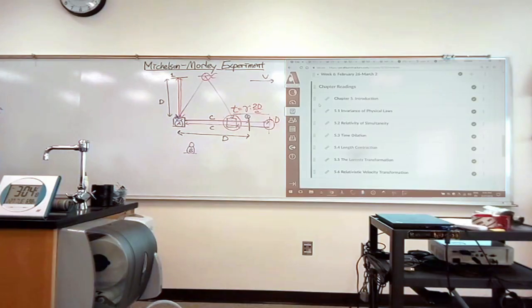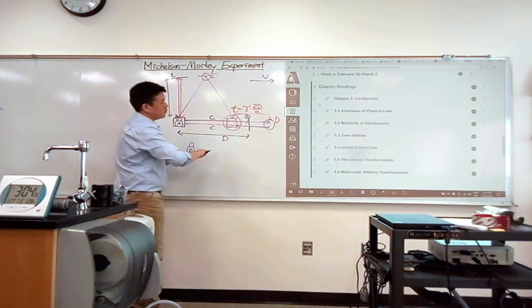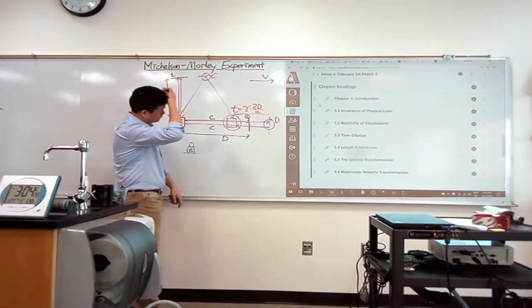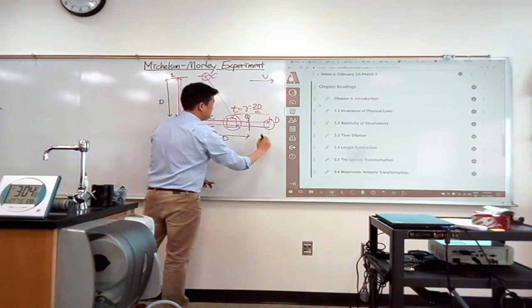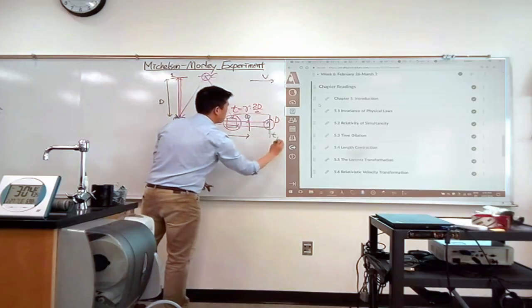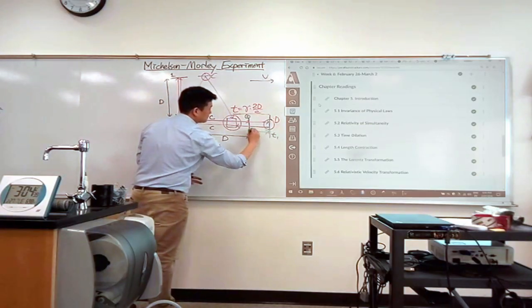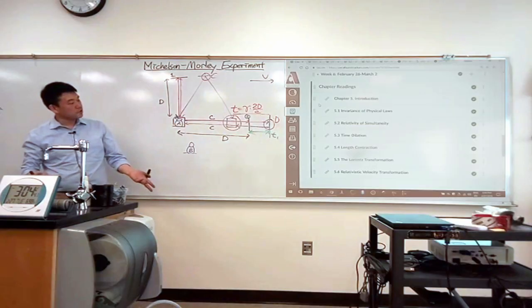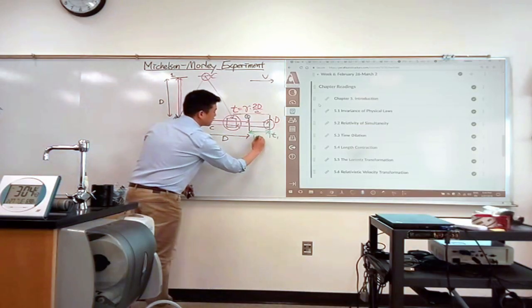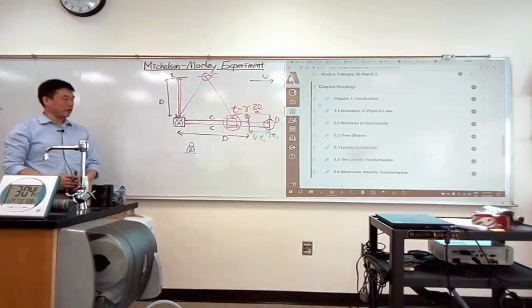So let's see. I guess I need to figure out some geometry. In the time that the light reaches here, let me call that T1, so this happens at time T1, the mirror moves by some distance. And that distance should be v times T1. Seems reasonable? Okay.